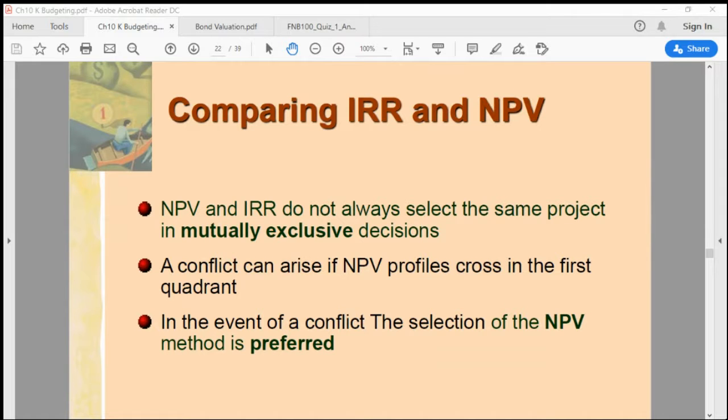change of algebraic sign in the cash flows. What that means is, at time zero, we have negative cash flow because that's a cash outflow, right? And then from then on, in the future, it will always be positive cash inflows, right? But sometimes you can still have, if you are extending a project, right, after, for example, year 5, you either extend the project or expand the size of the project, and there will be another injection of capital.